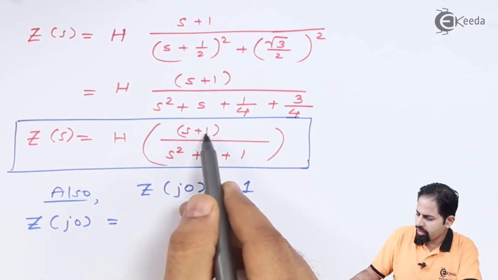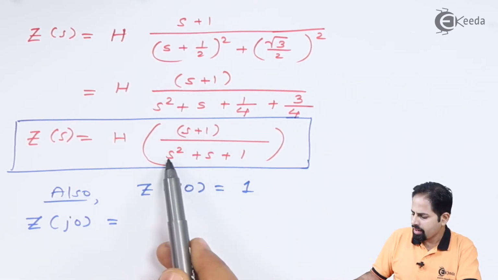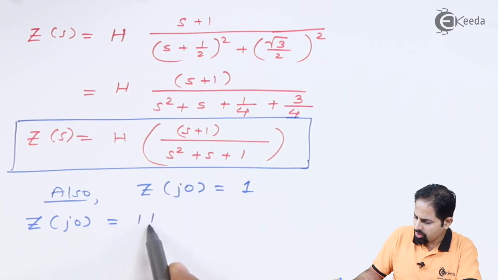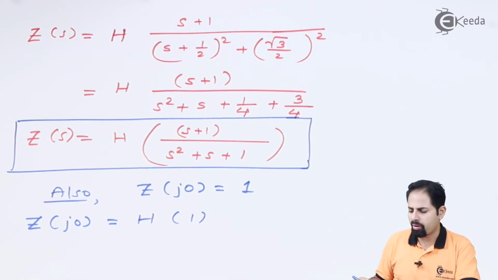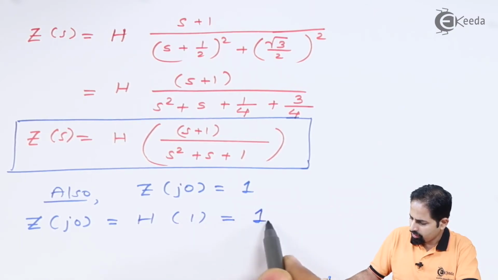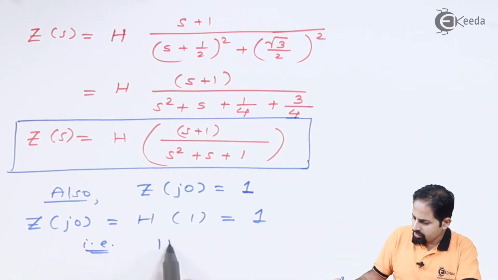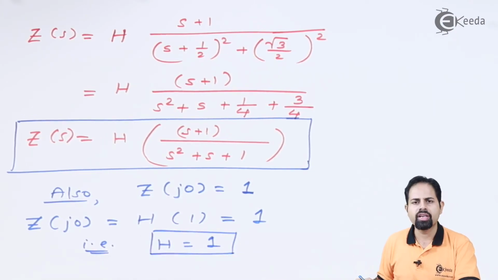When you put s as 0 here, it becomes 1. And here 0 plus 1 again becomes 1. So it is equal to H multiplied by 1, which is given as 1, as Z of j0 is equal to 1. So this capital H, which is the scaling factor, is 1. So this is the first thing which we obtained.